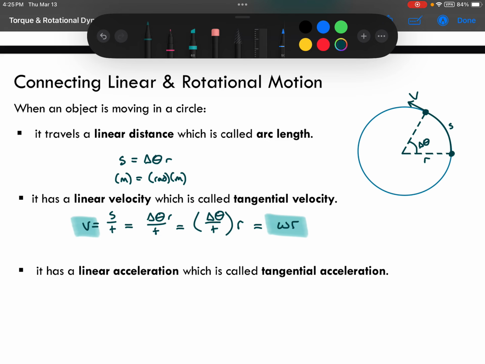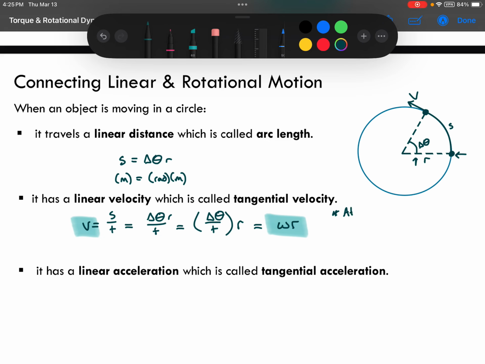There is one more kind of interesting point about this tangential velocity. It is dependent on the radius. So that means if we're looking all the way on the outside edge of the circle over here, that's not going to have the same tangential velocity as a point closer to the center.